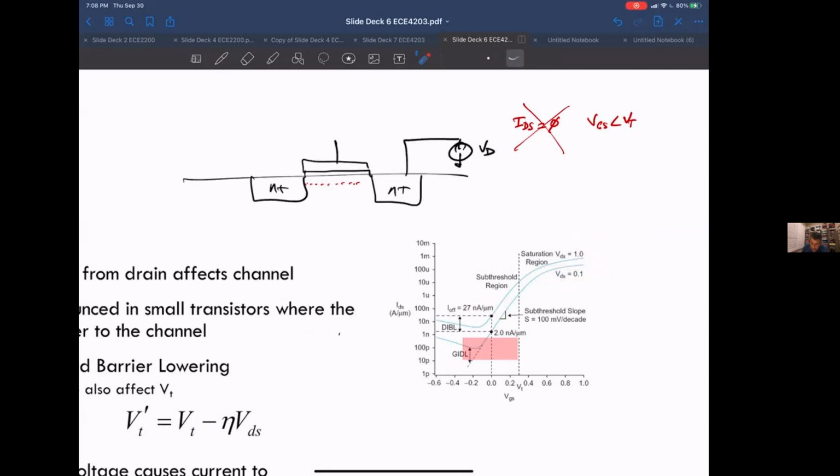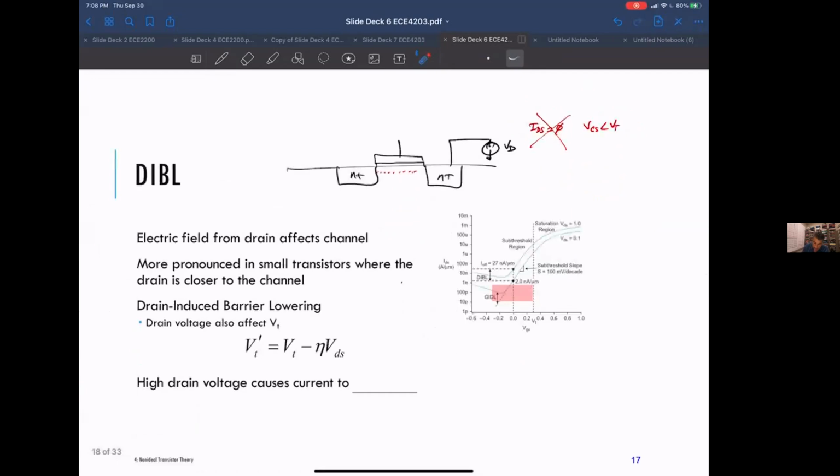Okay, and the reason that's important is that transistors in a digital process don't spend a lot of time in this region. I don't know which process this is for, so let's say this is for a 1 volt VDD process.